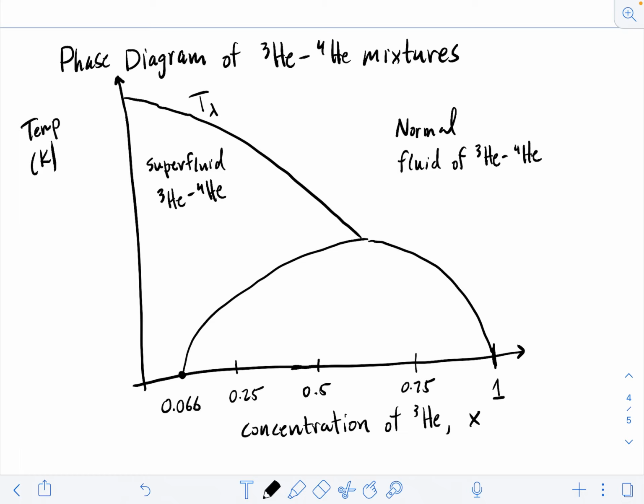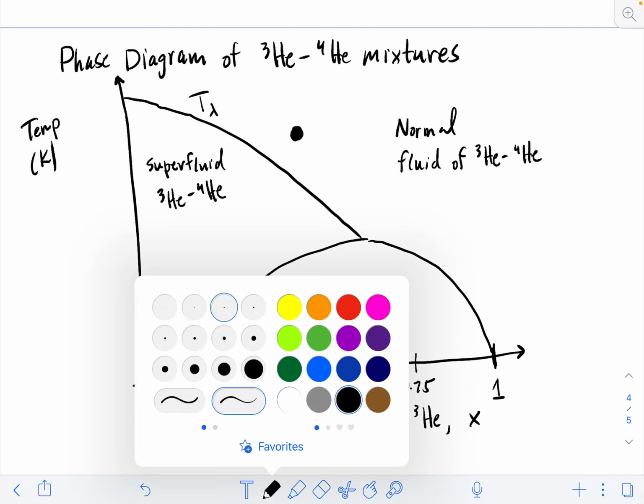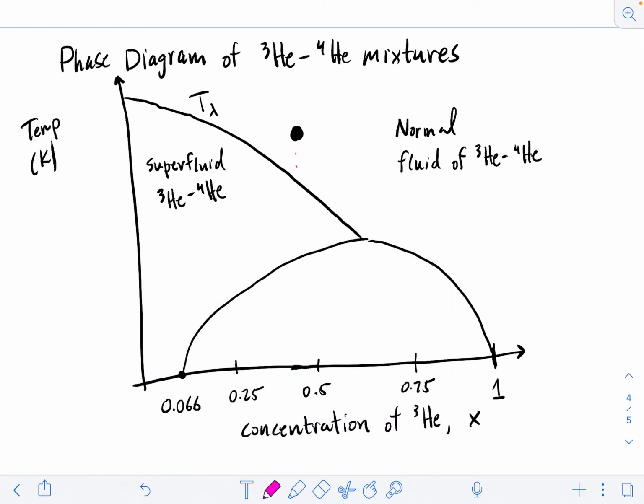Okay, so what I want to imagine doing is, let's say we start with a mixture up here. And so this corresponds to, let me take a pink line here. And so this is at about 0.4. So we're going to start with 40% helium-3 in helium-4.